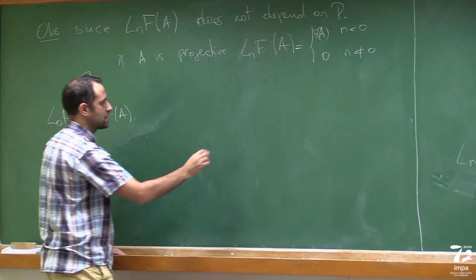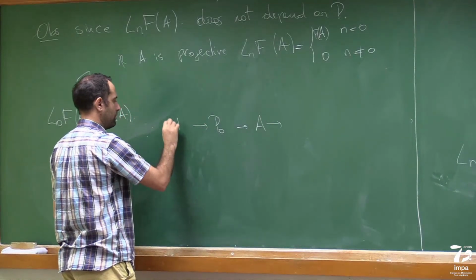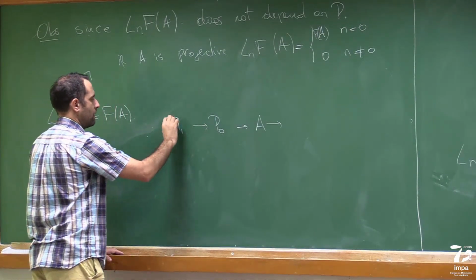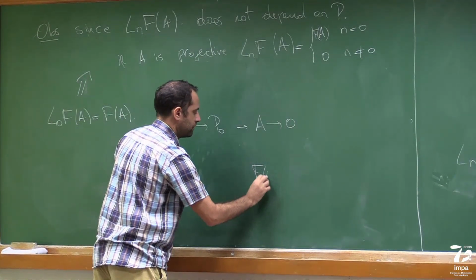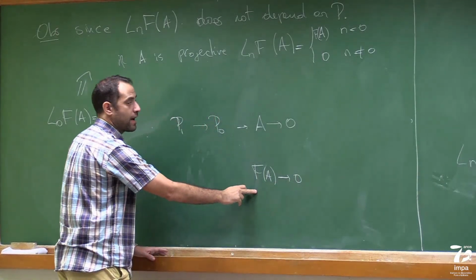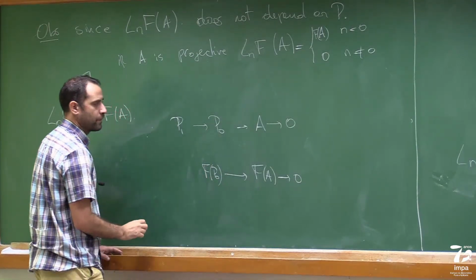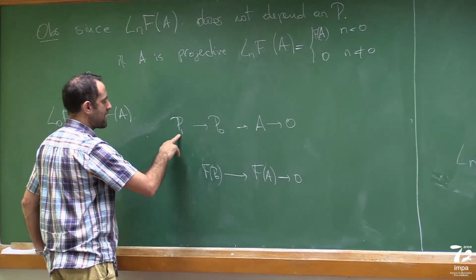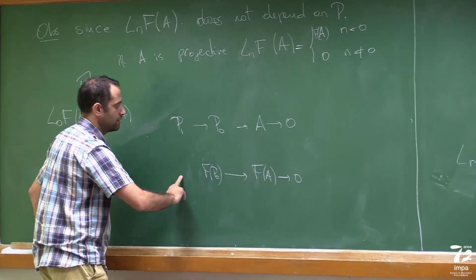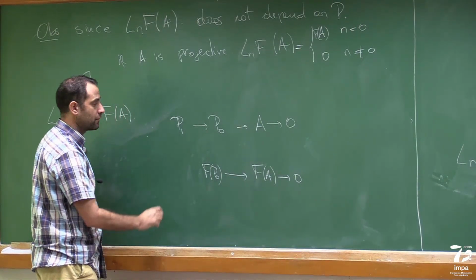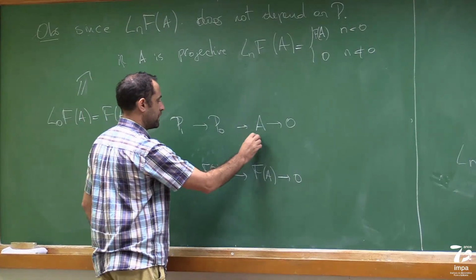But that's clear because what I did is I've taken a resolution, and I am applying F, which is right exact. So this map is still surjective. If I take this P_1 and replace it by the kernel, then I could just put here an F of K and still be exact here. So the point is that this sequence is still exact at this point, because F was right exact.